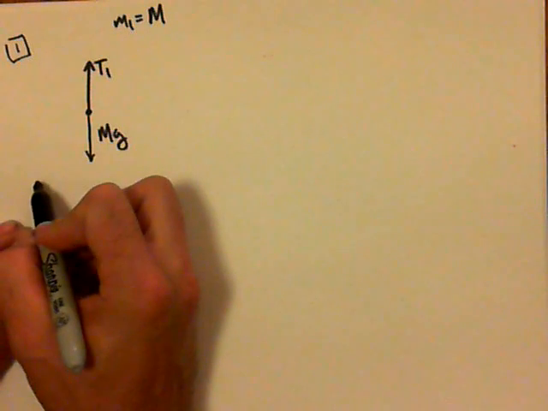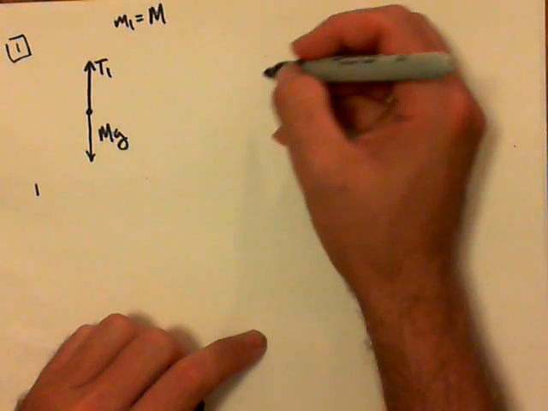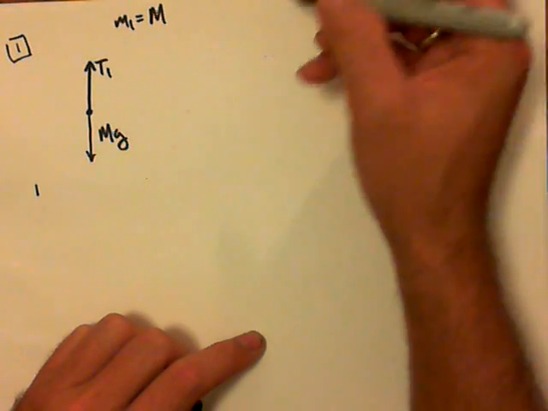Let's go ahead and write out our net force equation here. Oh wait, hold on. Let's go ahead and do the rest of the free body diagrams first, and then we'll have a better idea how we want to set this up.